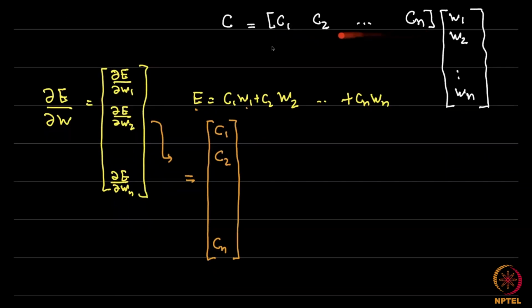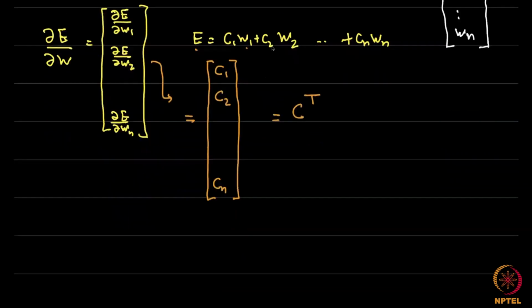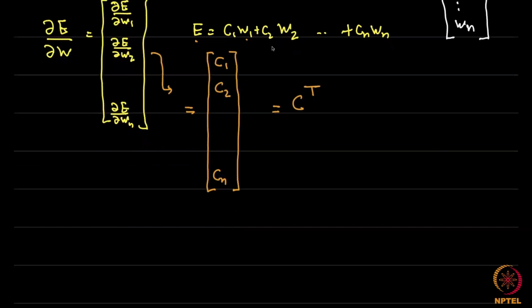If C is the row matrix, this then is C transpose. I think that should be clear. So let's summarize the result. If you have a scalar E equal to some C times W, this means that del E del W is equal to C transpose. So let's label this result as 3.